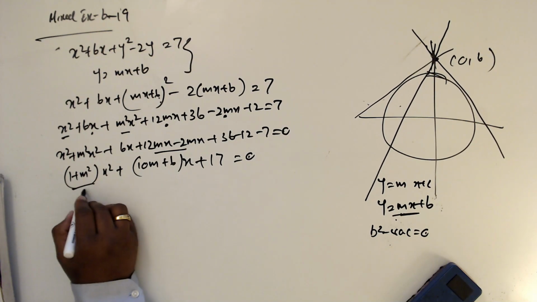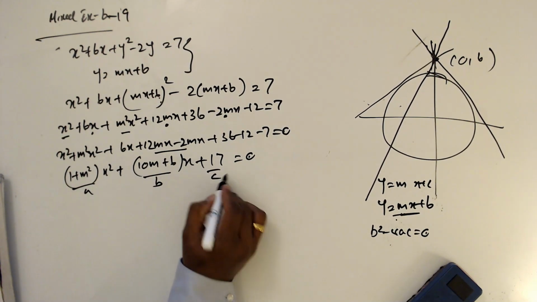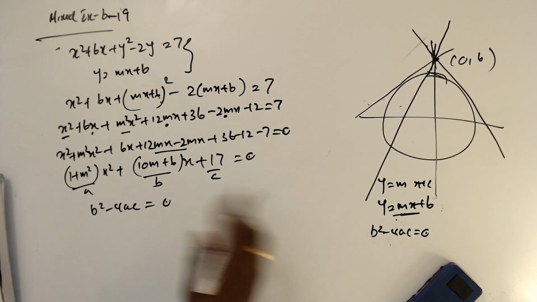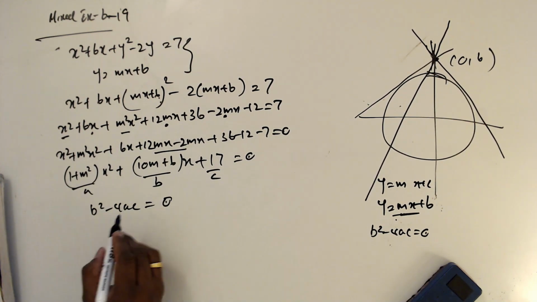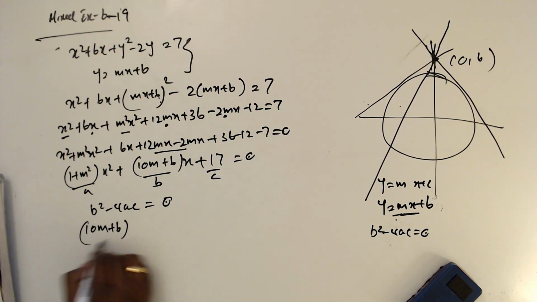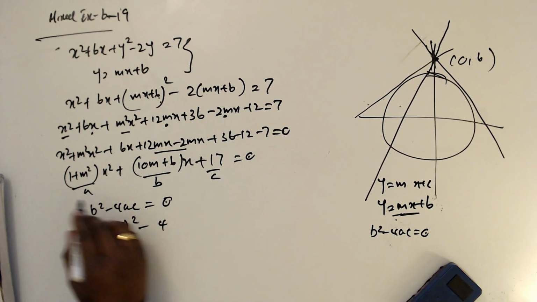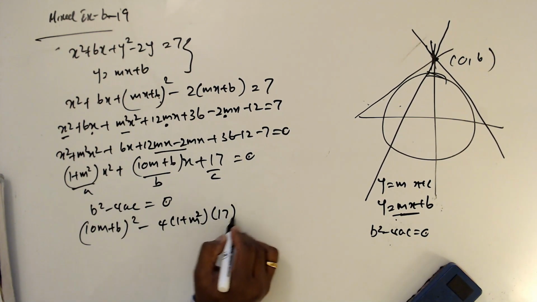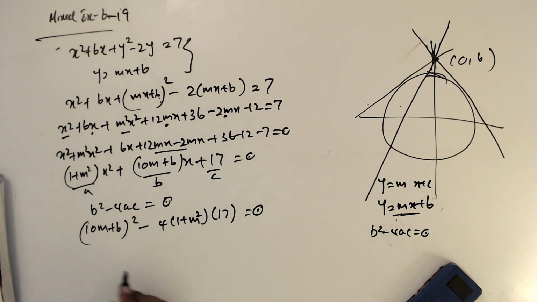Now this is A, this is B, and this is C. B square minus 4AC equals 0. To become a tangent, this is the requirement. 10m plus 6 square, B square, minus 4 times A, meaning 1 plus m square, C meaning 17, equals 0.